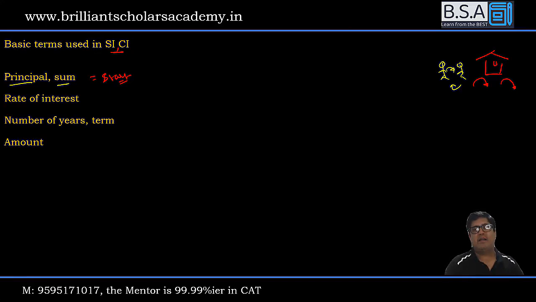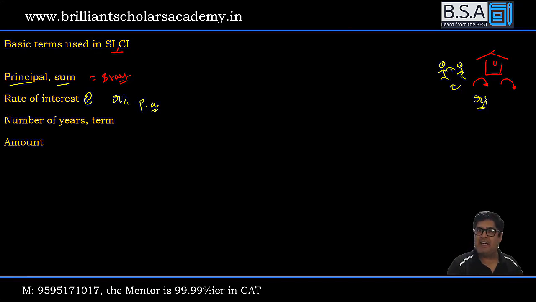The language could be: Rohan gave a sum of rupees 35,000 to his friend at a certain rate of interest. When you put money in a bank or borrow money from a bank, if you're putting money, they give you something extra at the end of the year. That extra at the end of the year is called the rate of interest. And as I'm using the words at the end of the year, rate of interest is normally defined as per annum.